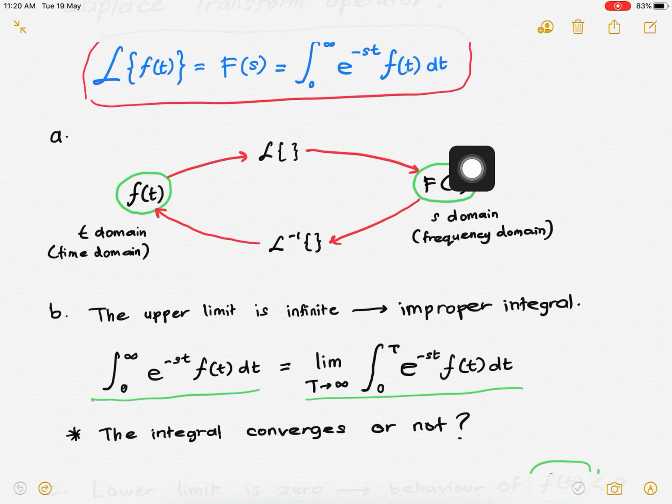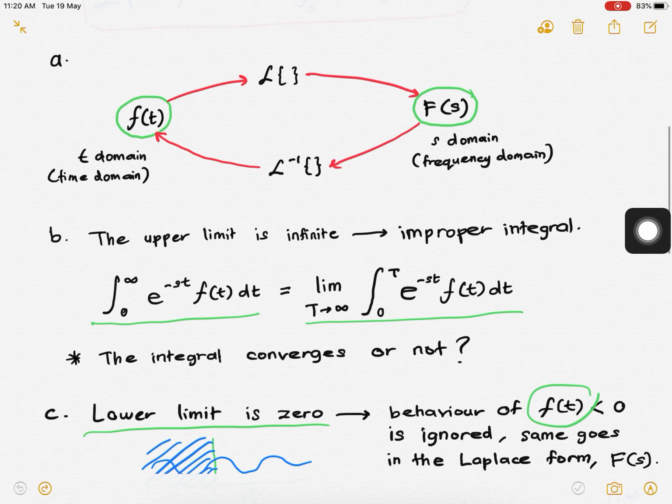And after we solve this algebraic equation, which is simpler, we can inverse transform back to the original t domain function if we want to transform back.